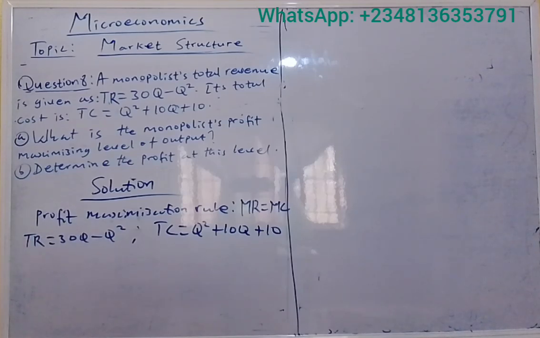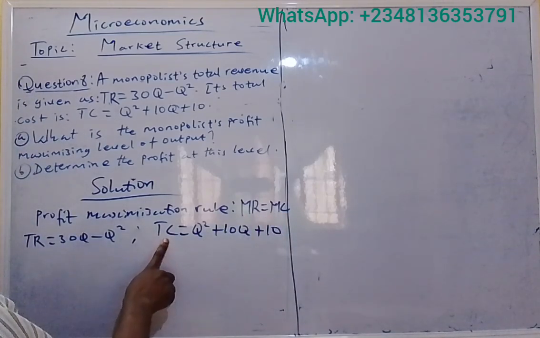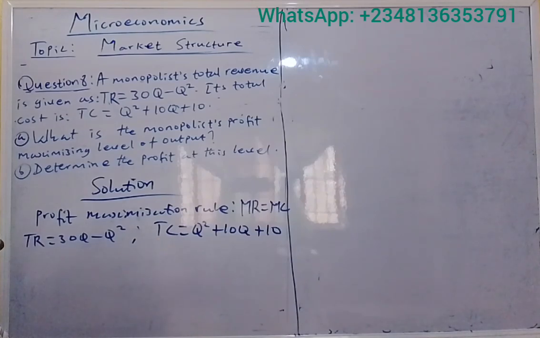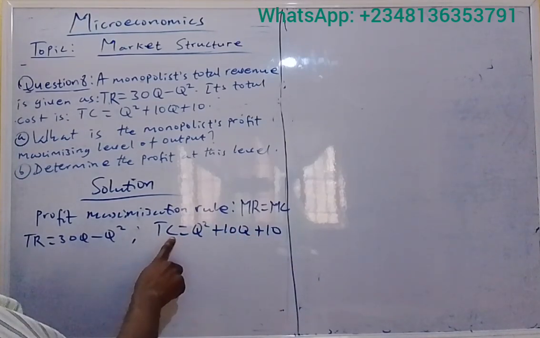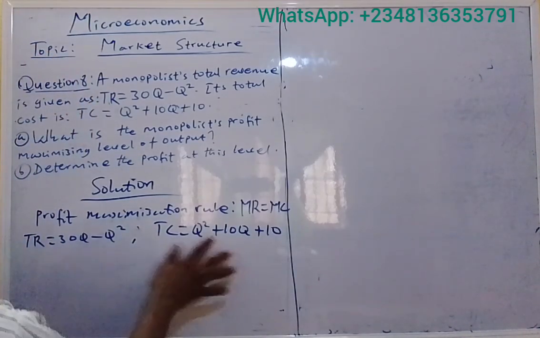Don't forget, MR is the first derivative of TR. That's, the marginal revenue function is the first derivative of the total revenue function. Likewise, we can derive marginal cost, that is MC, from the total cost function, which is TC. MC is simply the first derivative of TC. In other words, the marginal cost function is the first derivative of the total cost function.